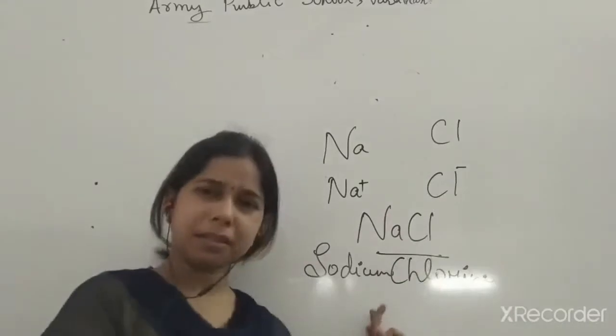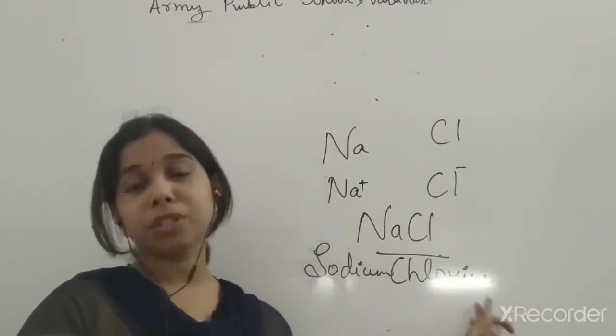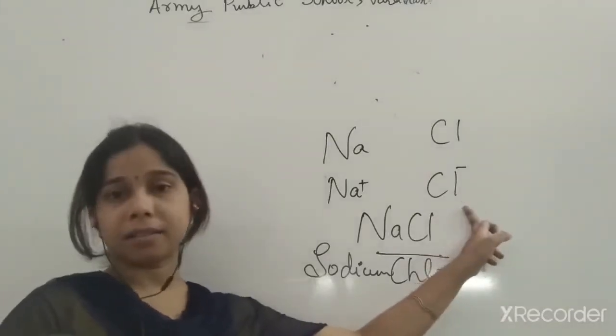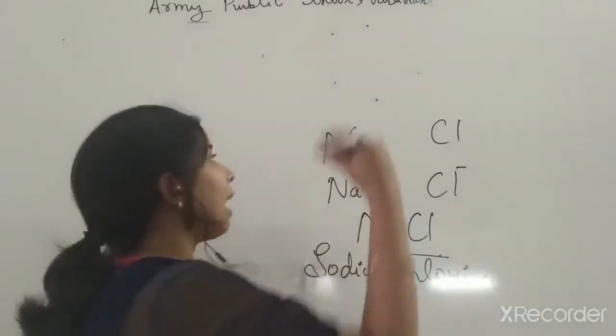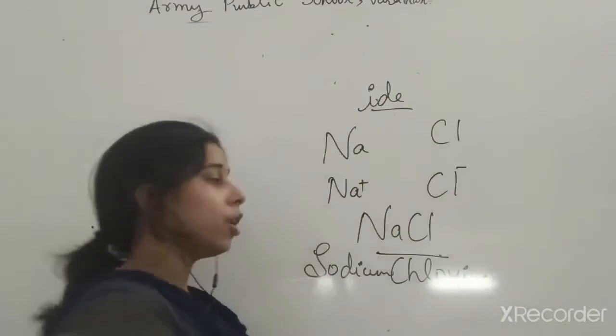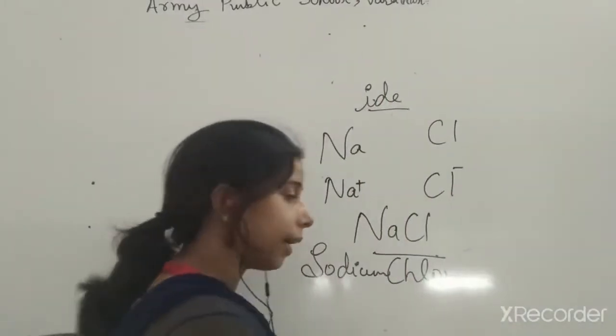Now, is this the correct name? No. Here it should be ide, it means chloride. So basically what happens, students, the anions, the negatively charged particles, they end with ide. Okay, so we will write here the name, that is chloride.